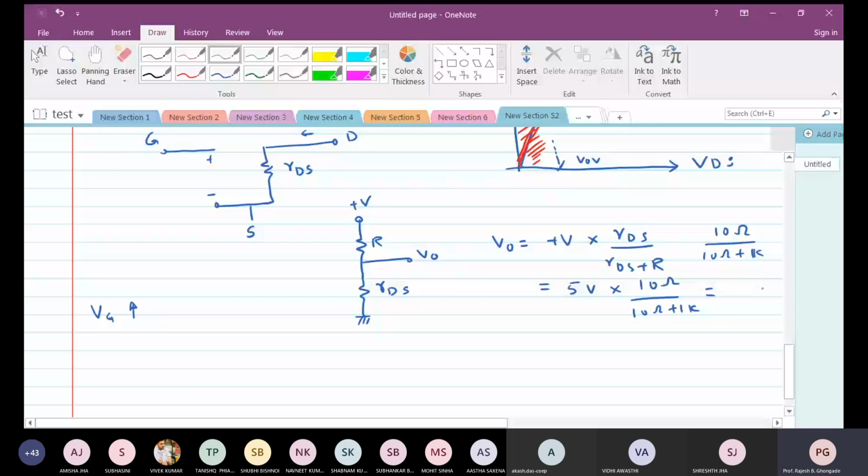Come on, calculate this fast. So 0.0495.